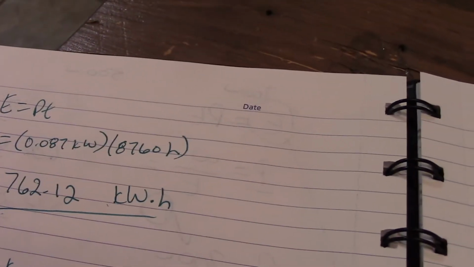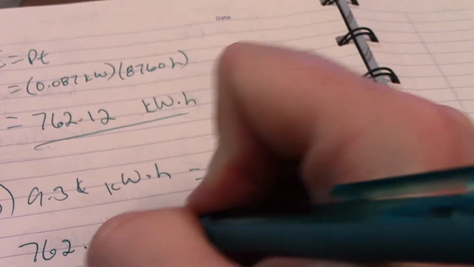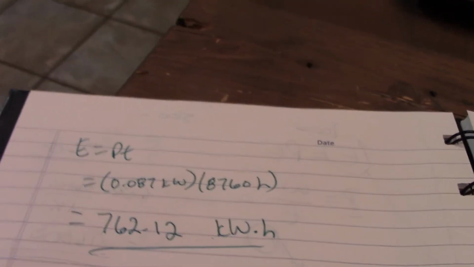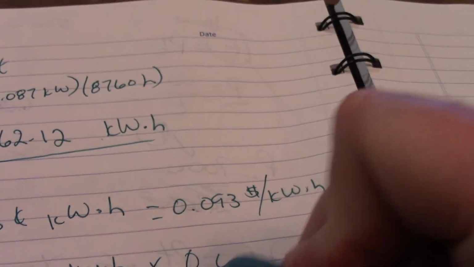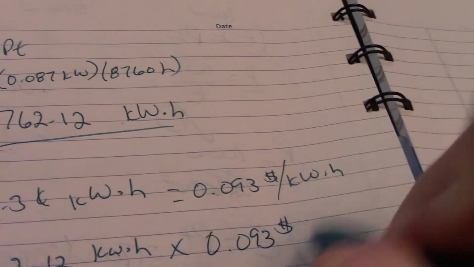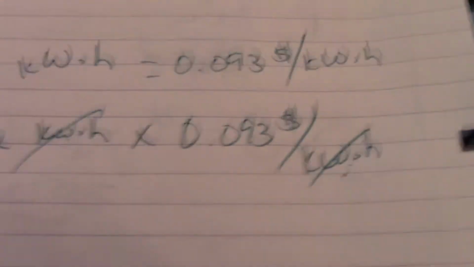Okay, so what's the price of that going to be? I know that I have 762.12 kilowatt hours, and that is multiplied by $0.093 per kilowatt hour, right? And that cancels out my kilowatt hours, because this is dollars over kilowatt hours.